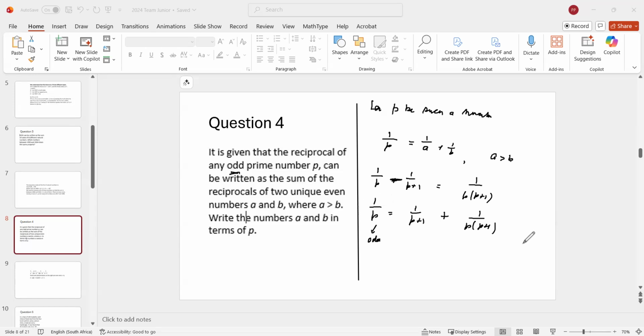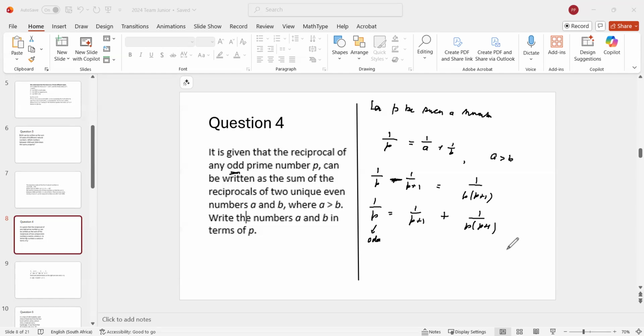Because this is the product of two consecutive numbers, and the product of two consecutive numbers is always even. P and P plus 1 are consecutive, and one of those factors will have to be even. In this case, P plus 1 is even. Okay, so now we have that.